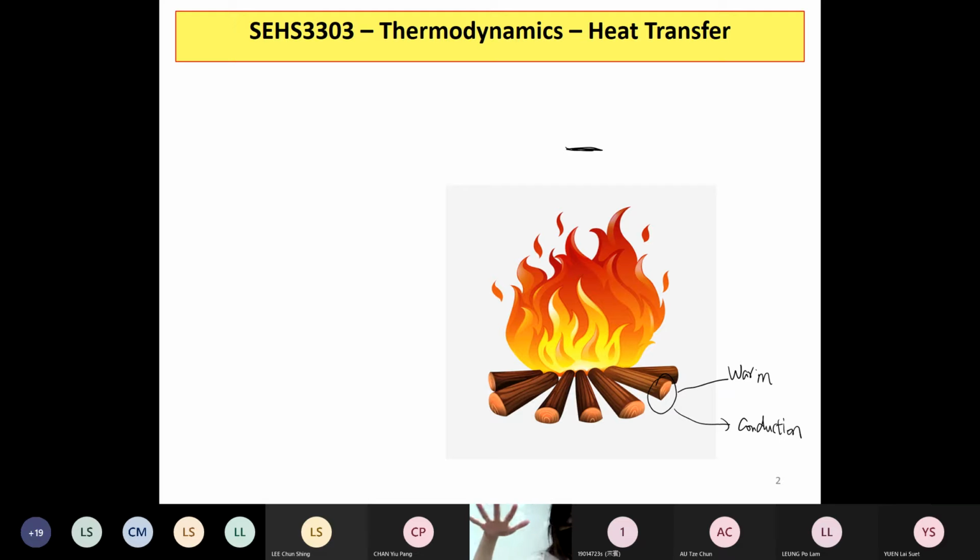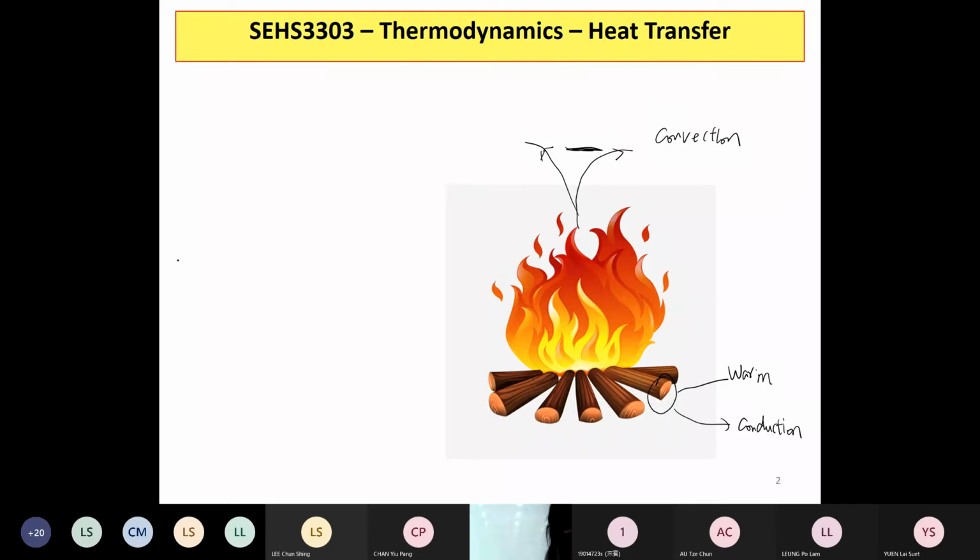Because your hand is heated by the moving air with very high temperature via convective heat transfer. Moving hot air heats your hand. This is convection.